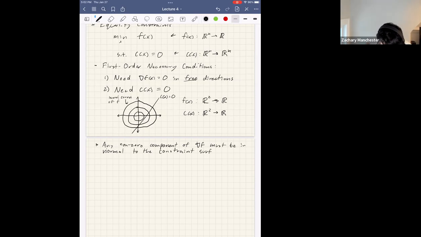And I'm going to use the words surface and manifold interchangeably, or manifold's kind of like the higher dimensional version of a surface, right?